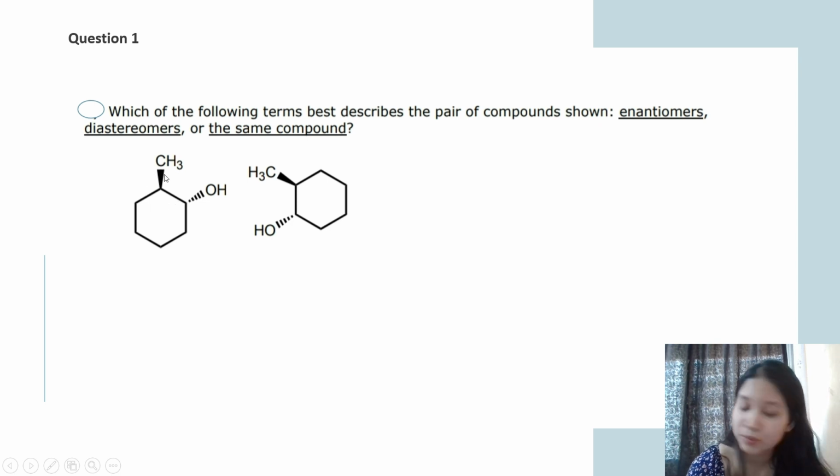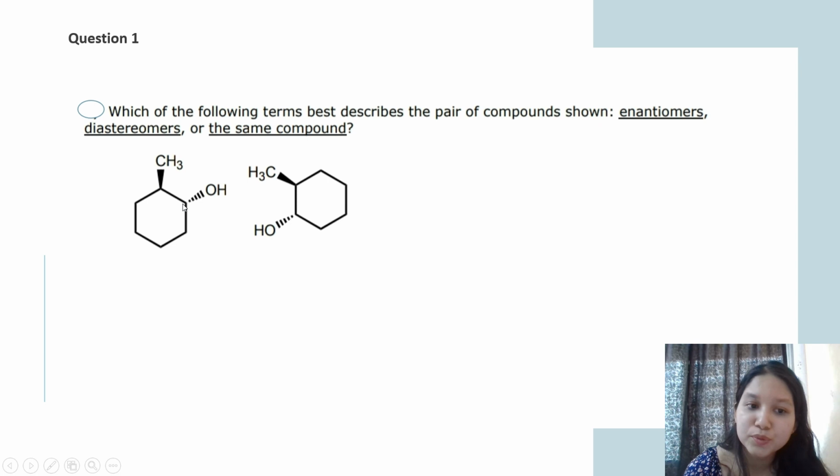So according to the RS nomenclature rules, if we move in a clockwise direction where the fourth priority group is below the plane, the center will be called R. So this center is R. We have assigned the configuration now.